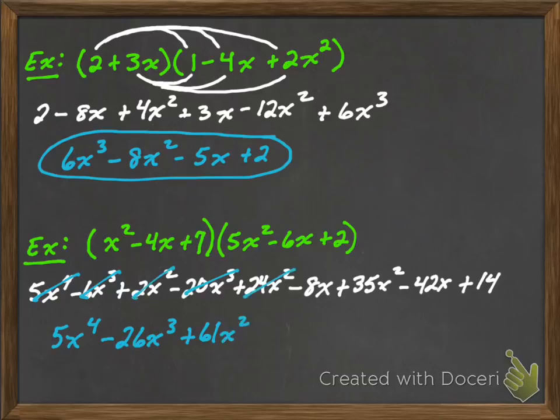That takes care of all of those. A negative 8x and a negative 42x will be minus 50x. And then we have our constant of plus 14.